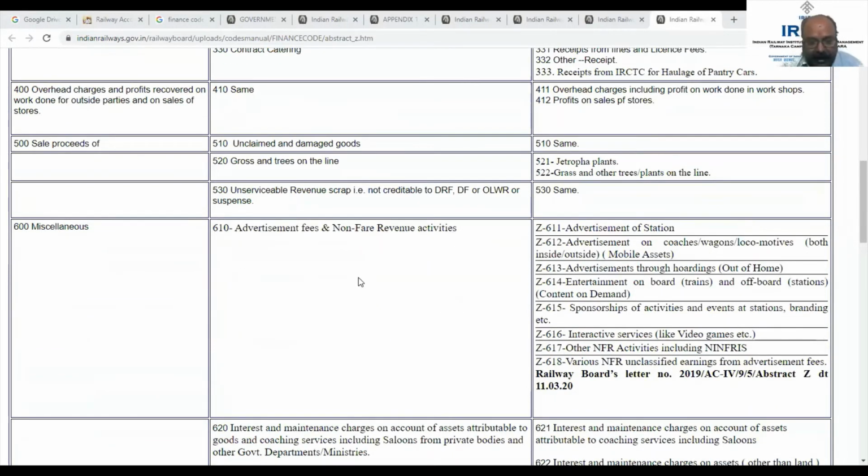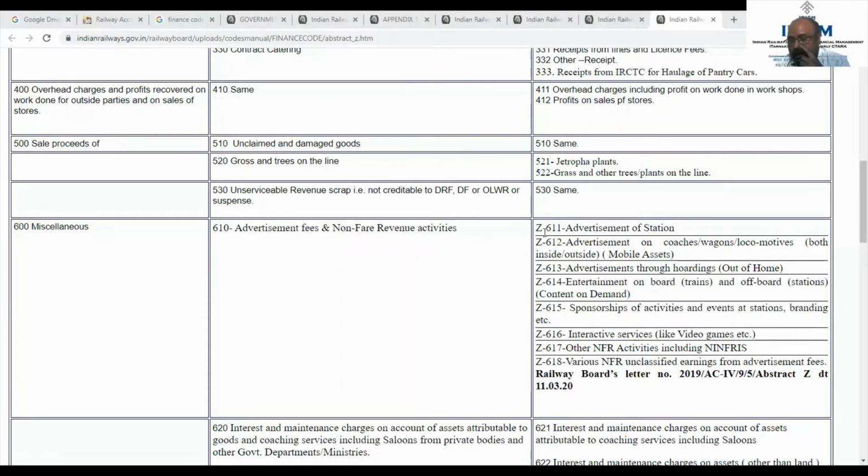This is the new activity, that is non-fare revenue, advertisement fees. It is the 600 minor head, that is advertisement at stations and advertisement on coaches, mobile assets, advertisements through hoardings, out of home. This is a very important question for the examination point, non-fare revenue.